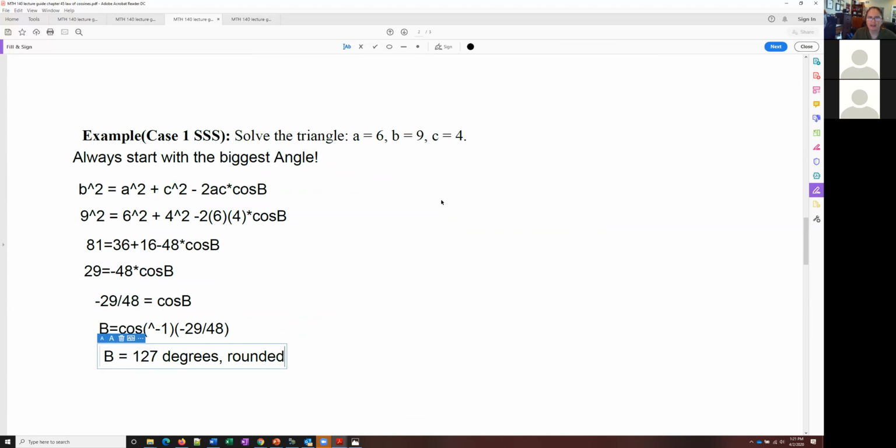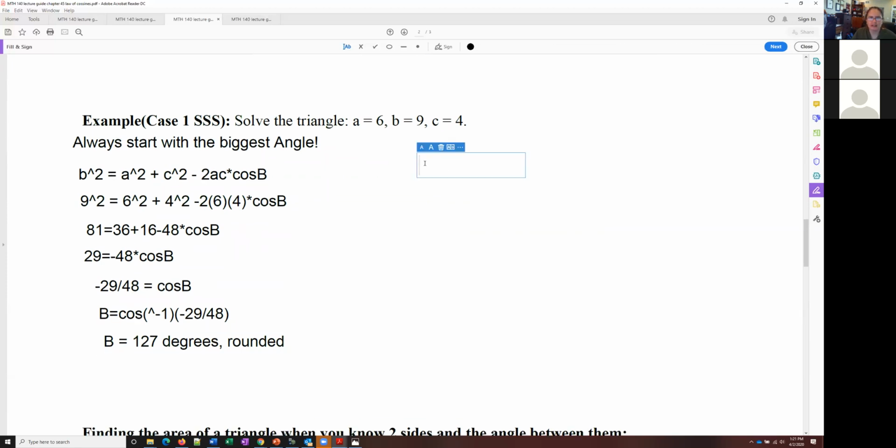And to find the other angles, we would use the law of sines. So let's do sine of A divided by A equals sine of B divided by B. So we have sine of angle A divided by 6 equals the sine of 127 divided by 9. And I just want to make sure that it's clear that it's the entire thing here that's being divided by 9, not just the 127.